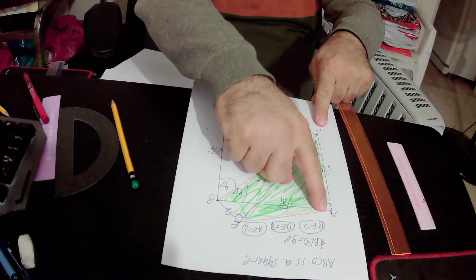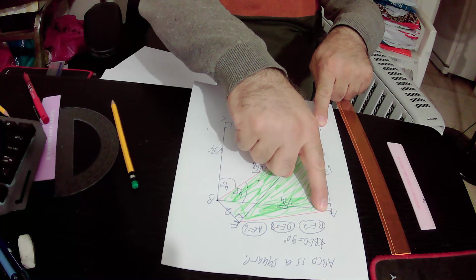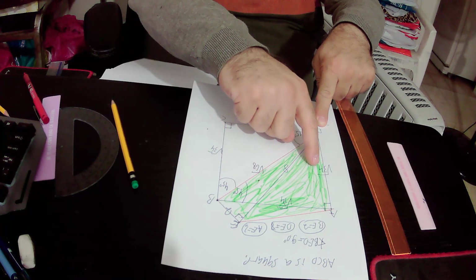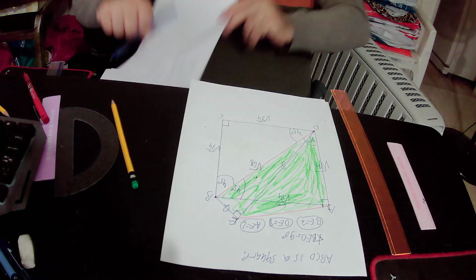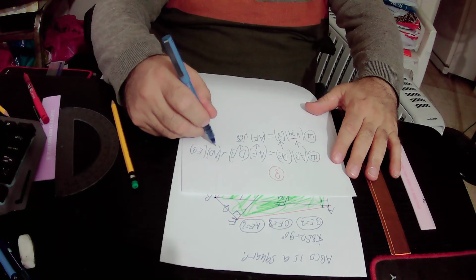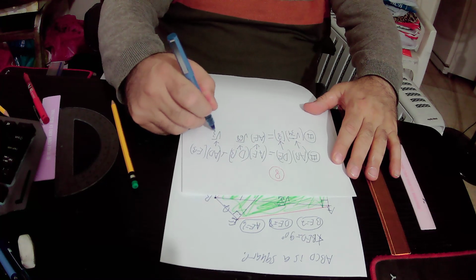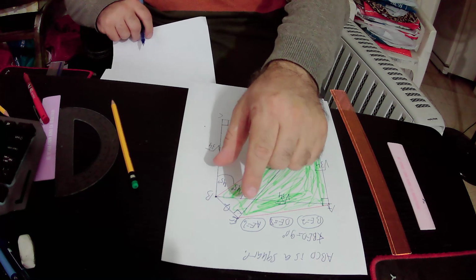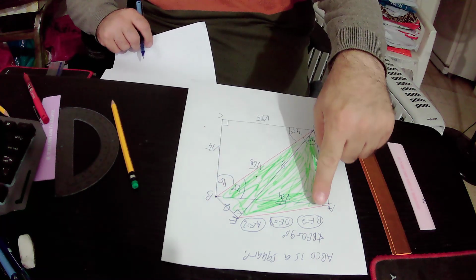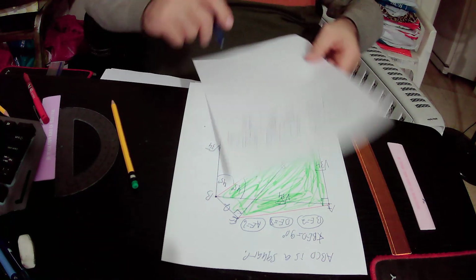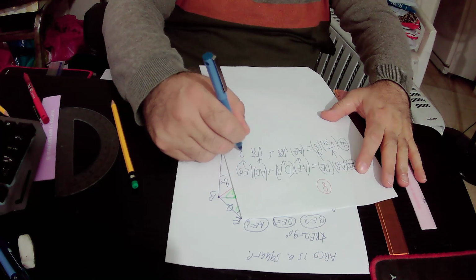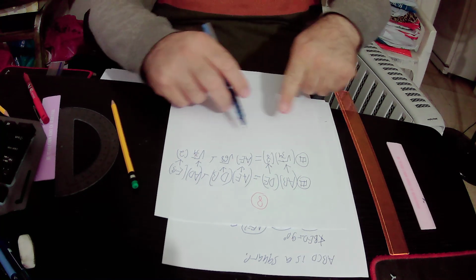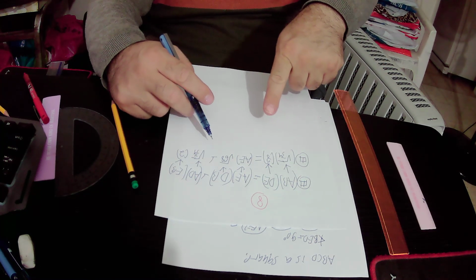AD is one side of the quadrilateral, and all the sides are equal to the square root of 34. Therefore, AD equals the square root of 34. And what is the size of EB? EB equals 2 units. It is given to us in the question. So, as you can see, we have all the variables of equation number 3, and the only missing variable is AE.